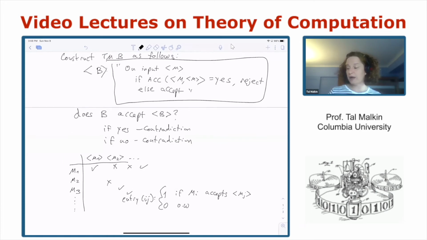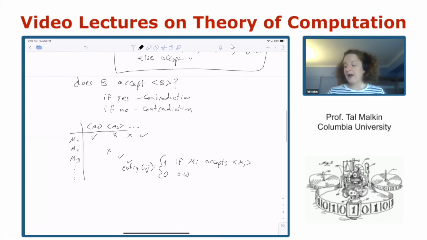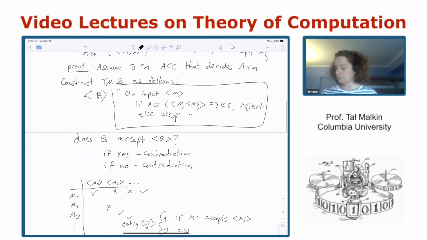So on every input M, it checks whether M accepts M and flips it. And so now it's not possible that B is in any row here, because if B was in some row, well, what happens in the diagonal? It needs to flip it. Okay, and so such a B could not exist, and therefore no such decider exists. So ATM is not decidable.